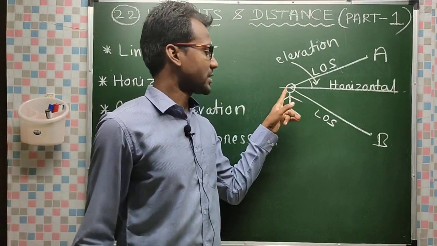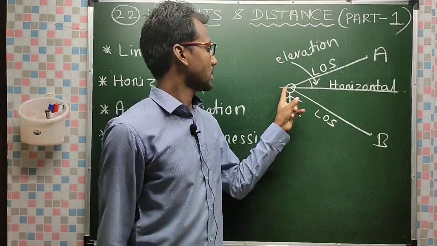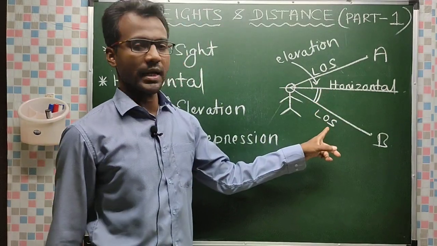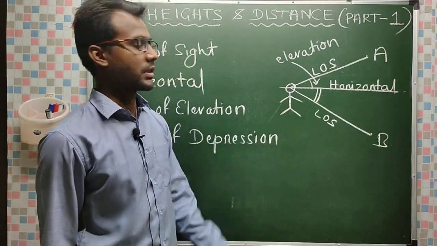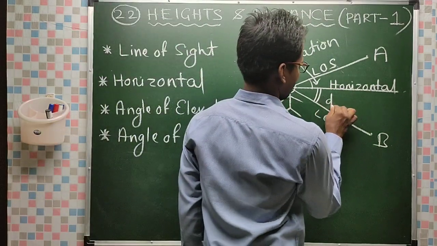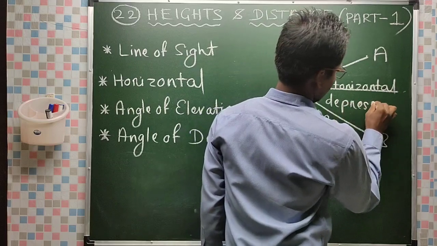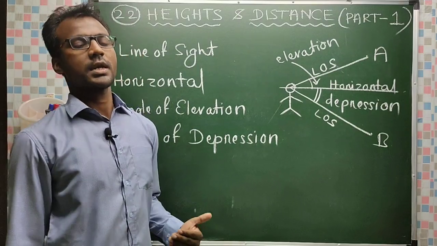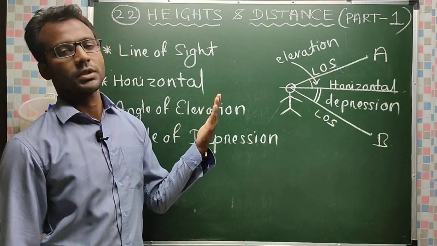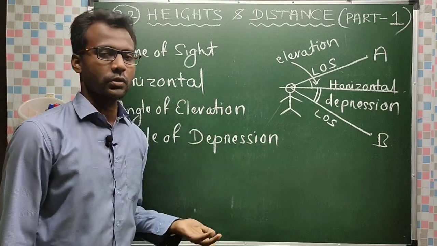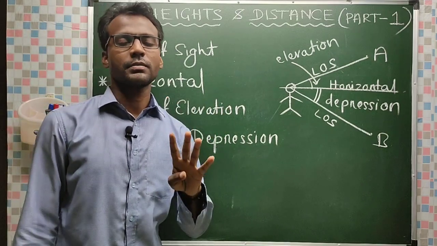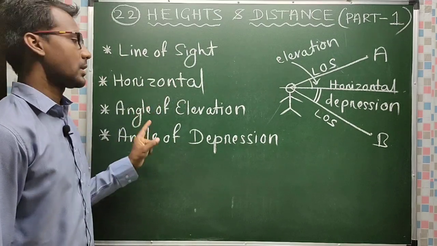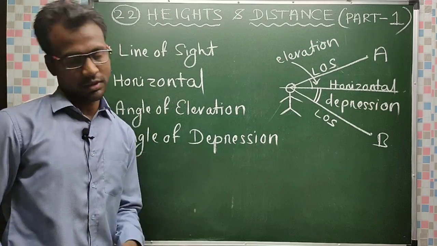See, this person is looking at B, looking down. This is the horizontal. The angle between the horizontal and the line of sight when the person is looking down is called angle of depression. So the angle between the horizontal and the line of sight when you are looking up is called angle of elevation, and when you are looking down is called angle of depression. These are the four terms related to this chapter: line of sight, horizontal, angle of elevation, and angle of depression.